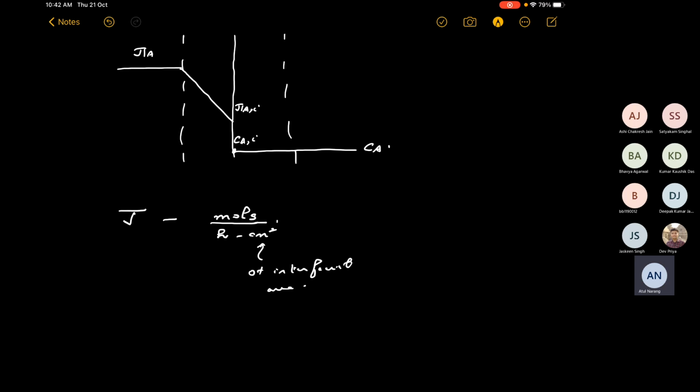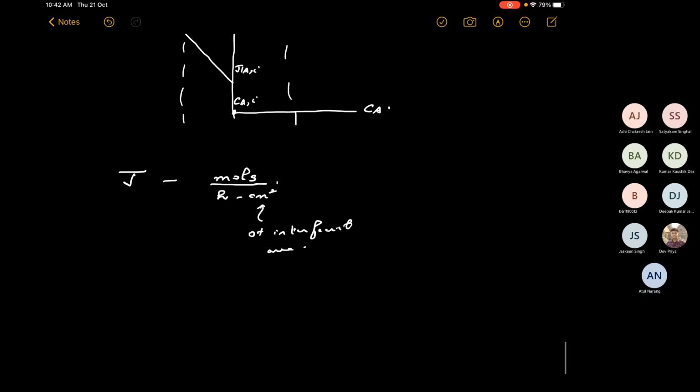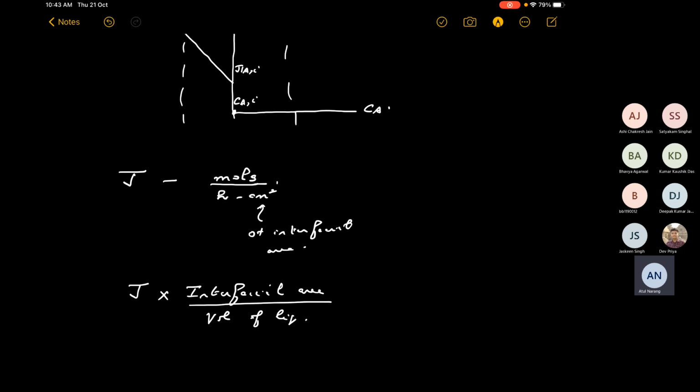If we multiply J by the interfacial area per unit volume of liquid, then that will give me essentially millimoles or moles per hour per centimeter cube or per liter. This will be of liquid.